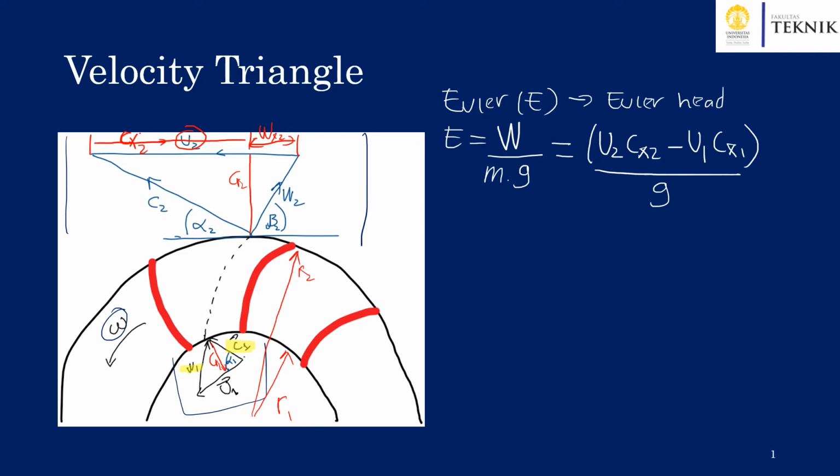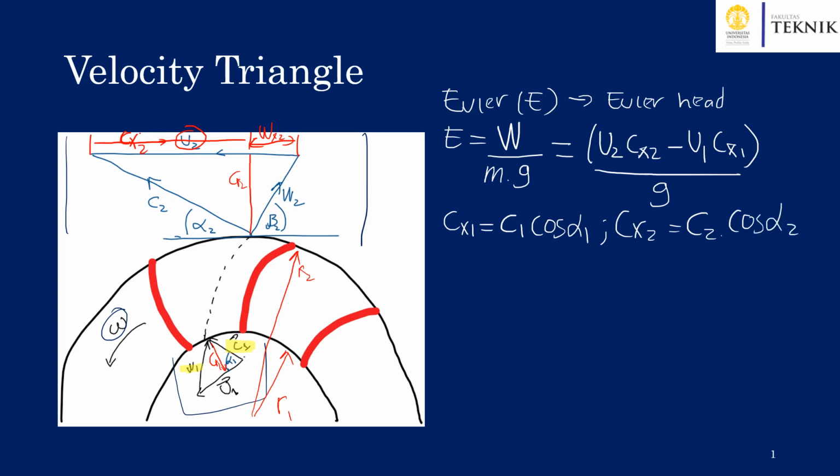And by recalling our trigonometry, we can estimate that Cx1, or the tangential component of the absolute velocity at the inlet, is equal to the absolute velocity itself multiplied by the cos of alpha 1, and therefore for the outlet we have Cx2 equal to C2 multiplied with cos alpha 2.